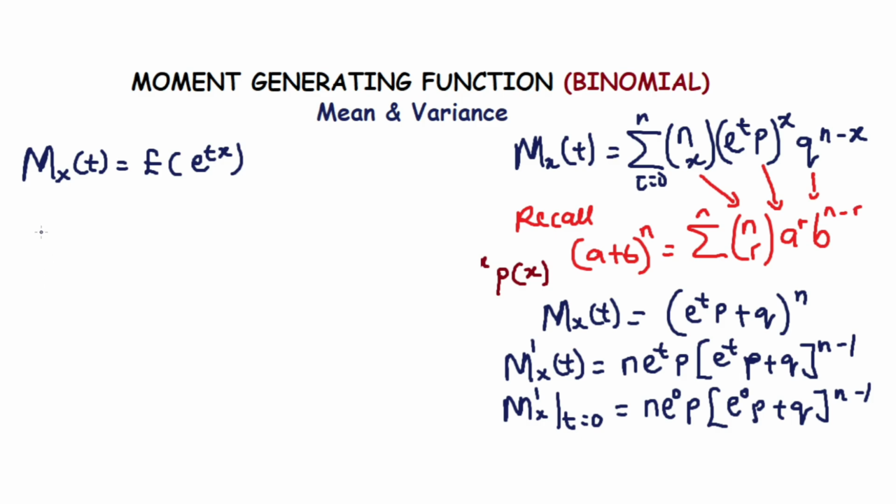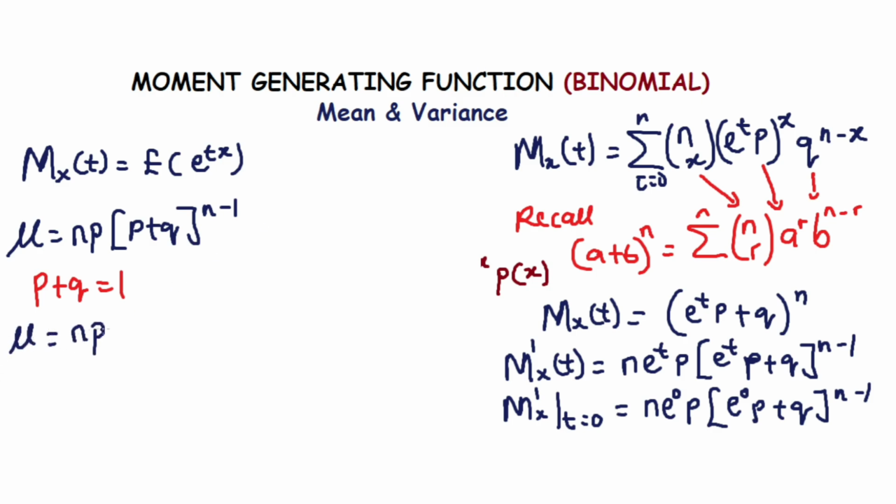In essence, the mean will now be np times (p plus q) raised to the power of n minus 1. Remember from the property of probability that p plus q equals 1, so I can rewrite the mean as np times 1 raised to the power of n minus 1, and of course that will be np. That's definitely the mean of a binomial distribution.